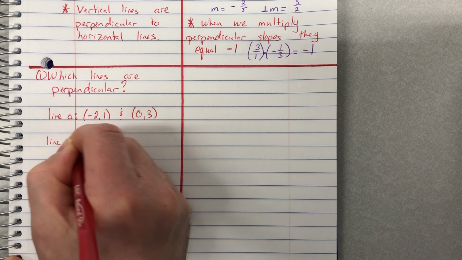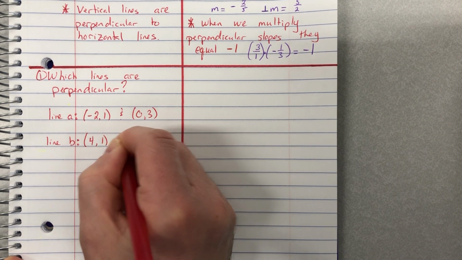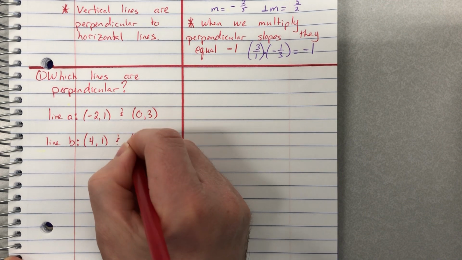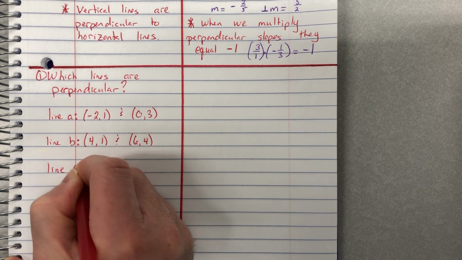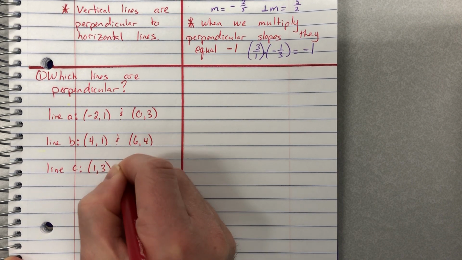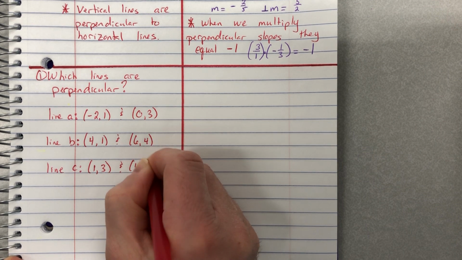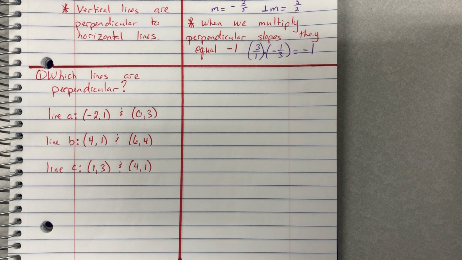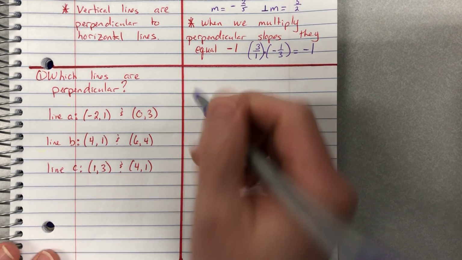Line B is going to have the points 4, 1, and 6, 4. And line C is going to have the points 1, 3, and 4, 1. Okay, and I'm going to use this box over here for workspace.